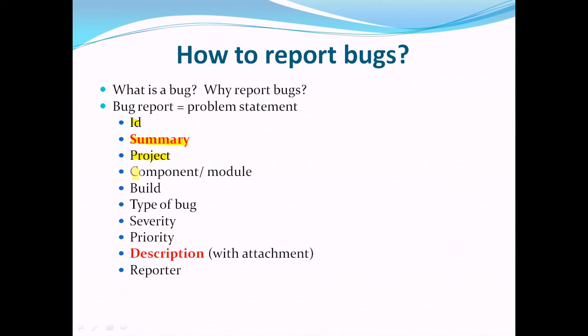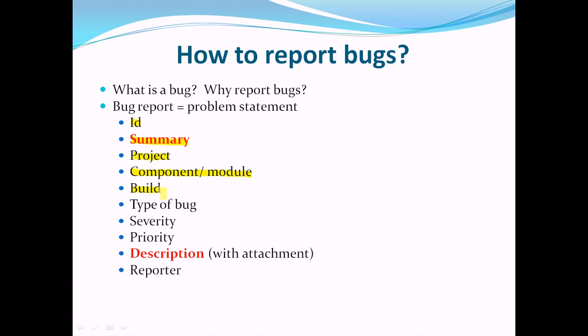So if the bug is specific to a particular component or module, then you have to specify that. The purpose of all these fields is to provide as much specific data to the developer as possible, so that they can narrow down the problem, they can reproduce the problem, and they can come up with a fix or a solution to the problem that takes care of all the things mentioned in the bug report.